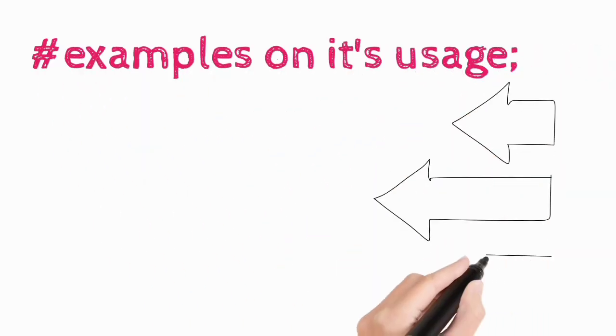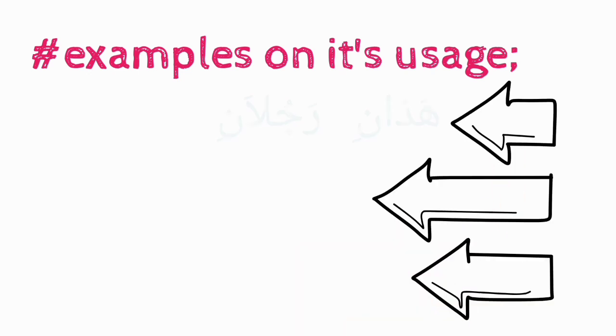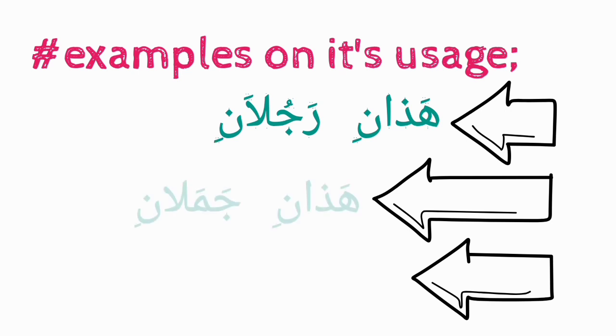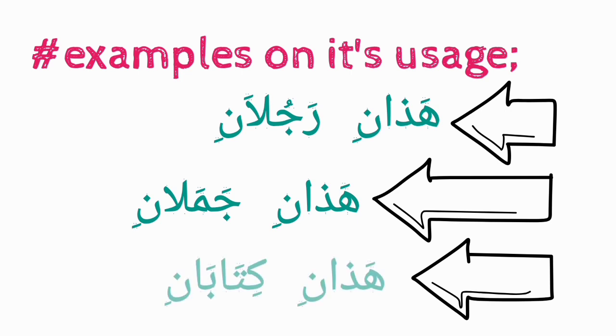Examples on how you can make use of hazani: we have hazani rajulani, which means these are two men. Hazani jamalani, which means these are two camels. And we have hazani kitabani, which means these are two books.